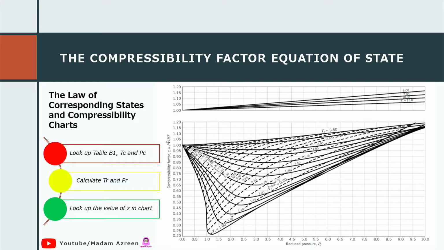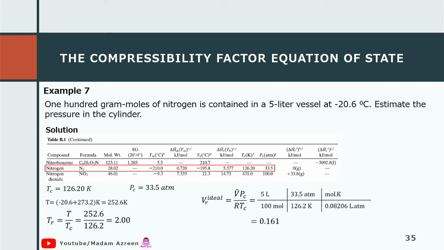Let's see one example. In this example, there are 100 gram moles of nitrogen contained in a 5-liter vessel at this temperature, negative 20.6. So we want to estimate the pressure inside that cylinder. What you need to do is start with table B1 for nitrogen. We find the value of critical temperature and critical pressure, which is this one.